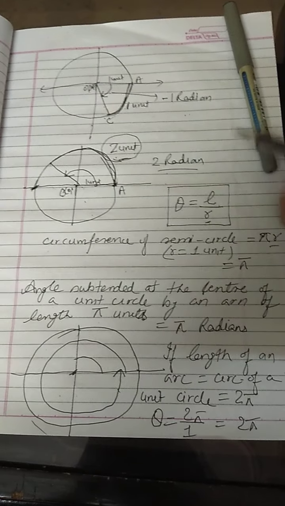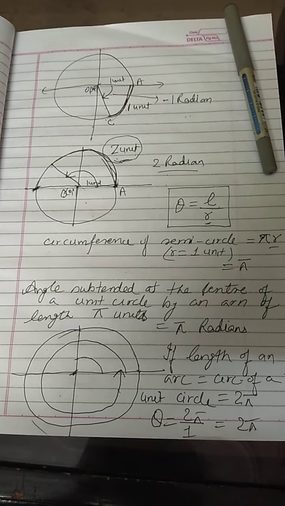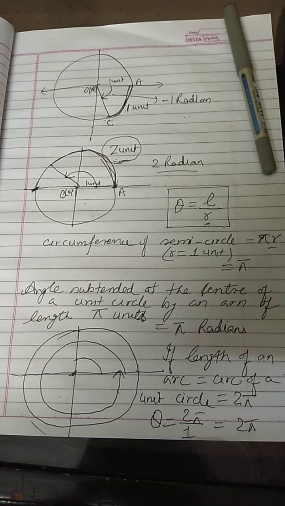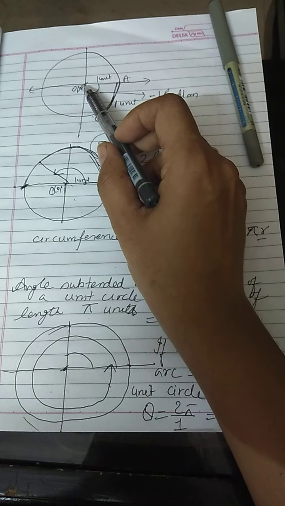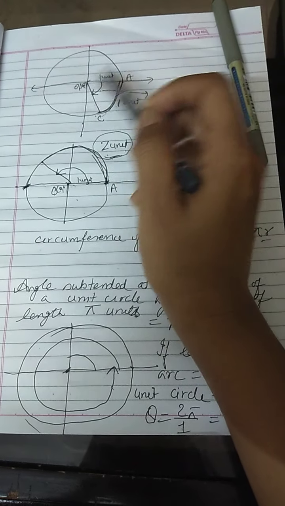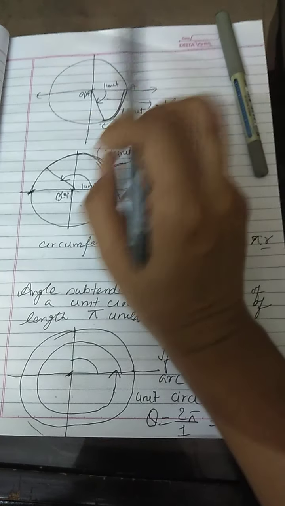Now we will make the relationship between the radian measure and degree measure. I hope this is clear. So what is the radian measure? I am repeating the statement: the angle subtended at the center of a unit circle by an arc of length 1 unit is said to have a measure of 1 radian.